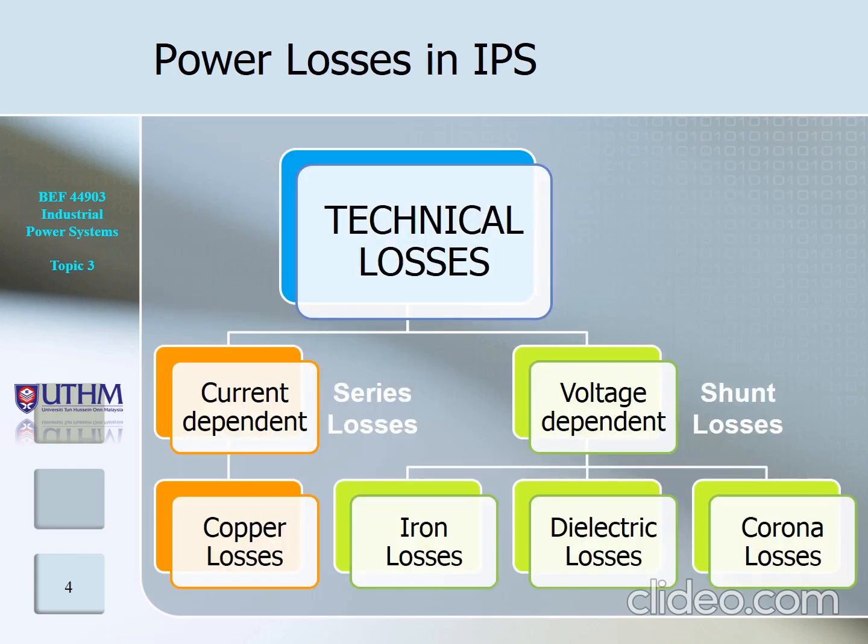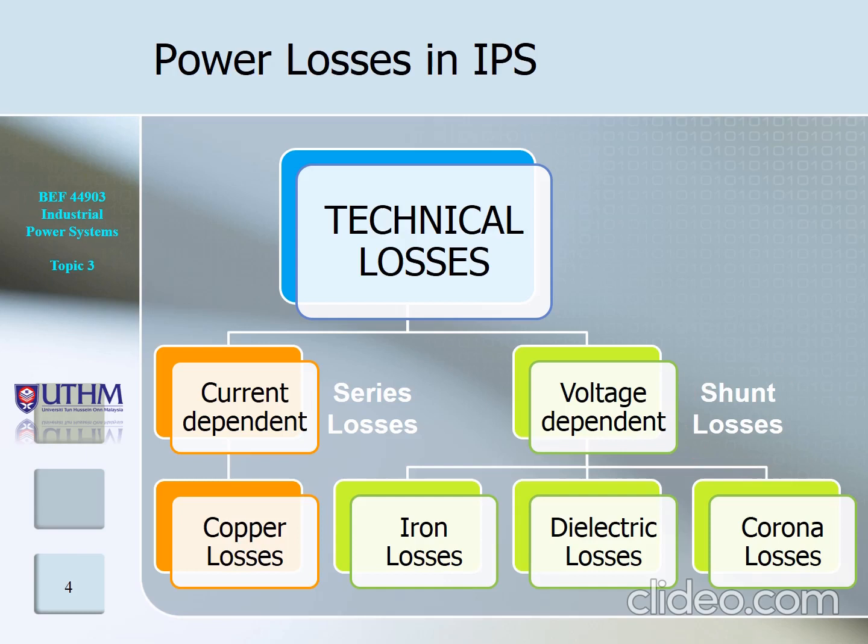Okay, first we go to technical losses. There are 2 parts. The first one is current dependent, and the second one is voltage dependent. For current dependent, mostly it is series losses, but for voltage dependent, mostly shunt losses.